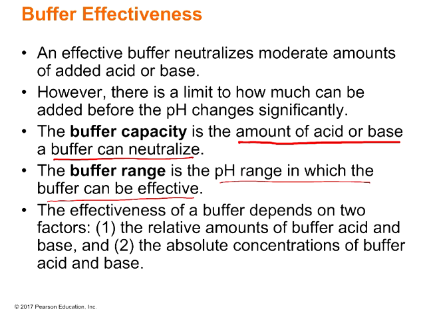And the effectiveness of a buffer depends on two factors. One, the relative amounts of buffer acid and base. And two, the absolute concentrations of buffer acid and base. So we'll talk about that as well.